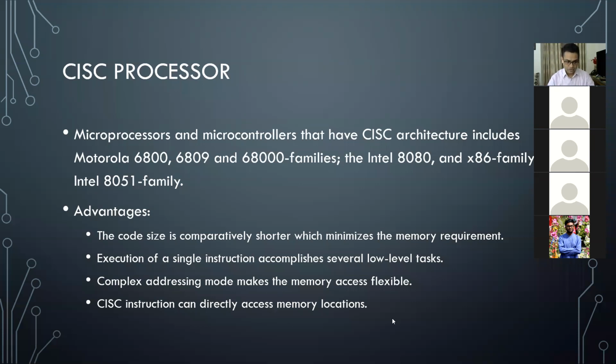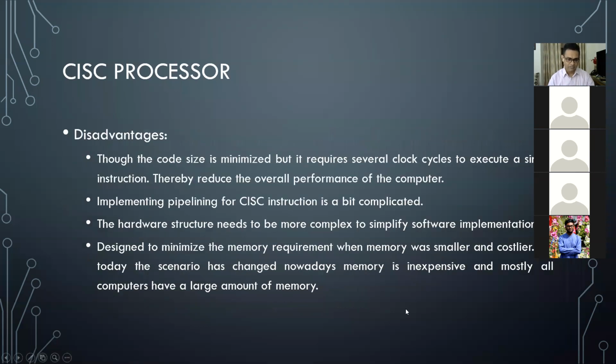So let's continue. That is the advantage of the CISC processor. Let's see what the disadvantages are. Of course, we have some disadvantages. These are the disadvantages of it, right? It's quite a long list. The first disadvantage of the CISC processor is, although the memory size or code size is very short, whenever you write one single line of assembly language code, it actually requires more clock cycles.